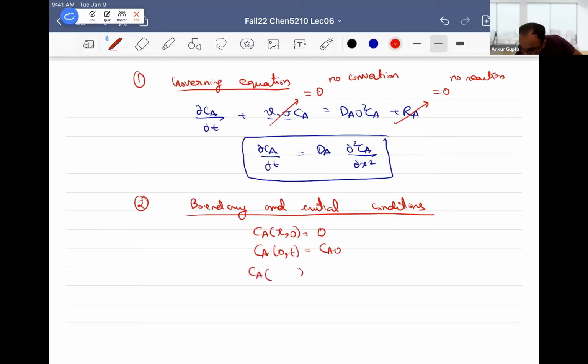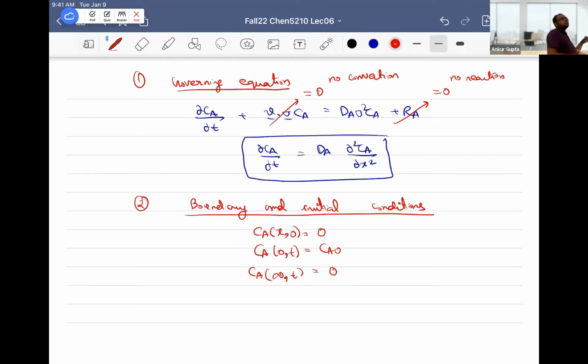The second boundary is far away into the tube, at infinity comma t. And that is also 0, because when I'm dissolving something, it's never going to really reach infinity. It will probably be free of carbon dioxide. So this is my constant value, straightforward.